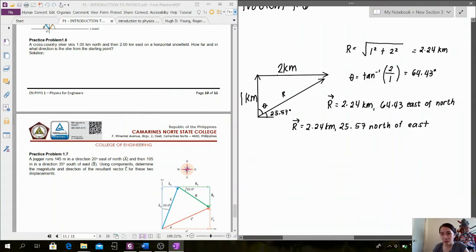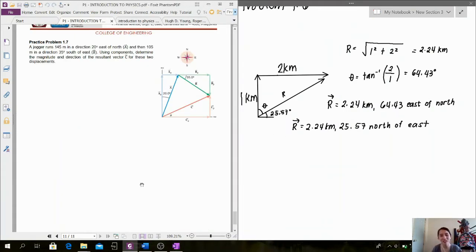So, for example, east of north: from north, we are going east, and the angle to that is 64.43. And another example, if we consider the angle 25.57, we have east as the reference and we are going north. So that is the proper way to write the direction.